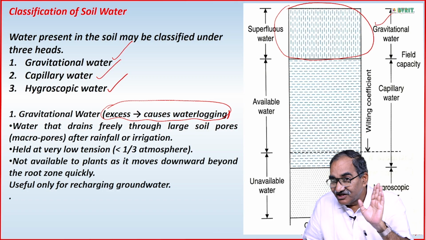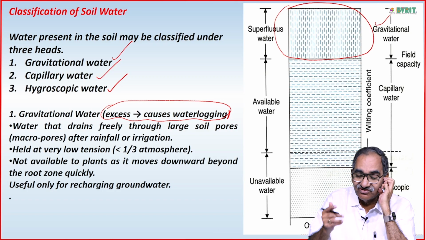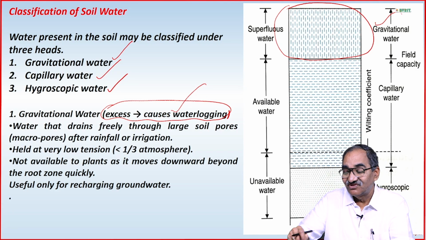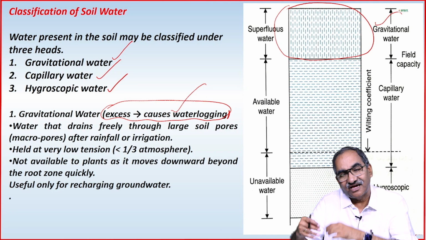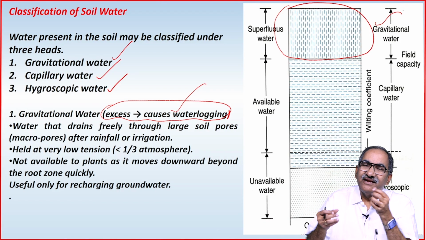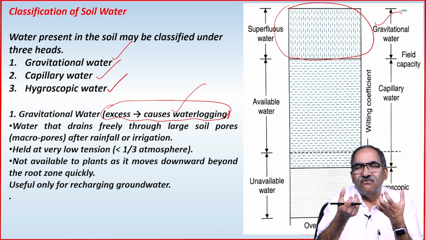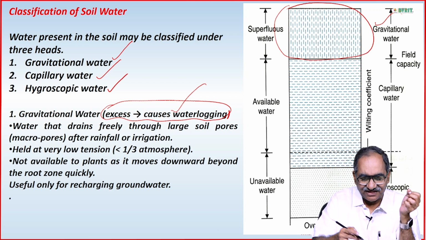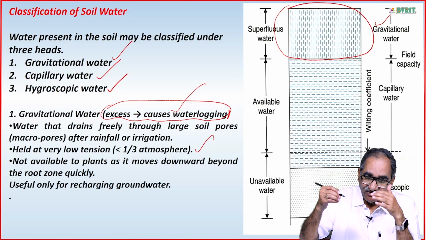If that is not there, it leads to waterlogging, stagnation of water. This stagnation should not occur. It has to flow, it has to be drained, because the soil cannot hold it. The pressure is very less, so automatically it flows freely.